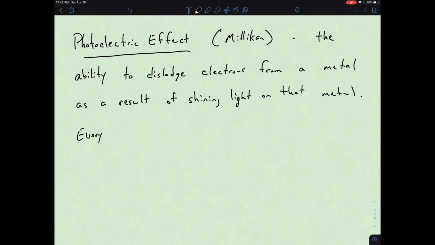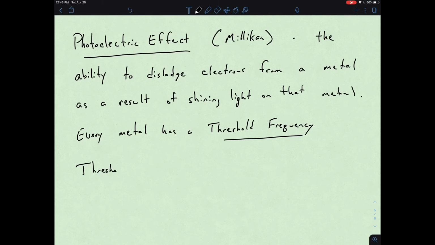Every metal has a threshold frequency. And what is that notion of threshold frequency? Well, basically threshold frequency is an energy, if you will.